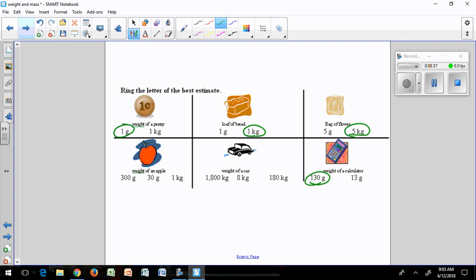Weight of a car, 8 kilograms, 180 kilograms, or 1,800 kilograms. Think of 1 kilogram close to 1 pound. Definitely 1,800 kilograms. And the weight of an apple, don't think it would get to 1 kilogram. I don't even think it would get to 300 grams. I would say about 30 grams.